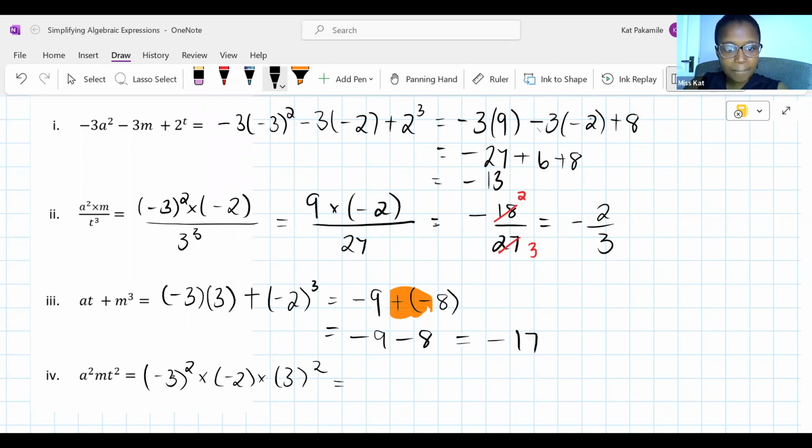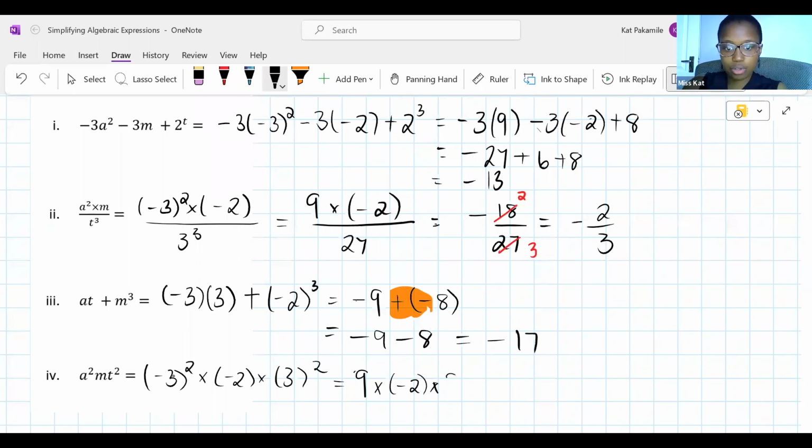We say bracket 3 squared equals 9. And then negative 2, times 2, times bracket 3 to the power of 2. Which is how much? Which is 9, ma'am.